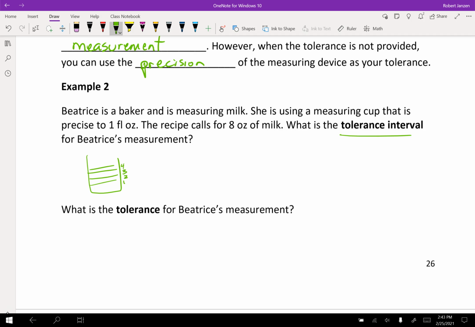So now if you think about that, that means that we would have an uncertainty that would be half of that, plus 0.5 or minus 0.5. So the measurement or the tolerance would be 8 fluid ounces plus or minus 0.5.